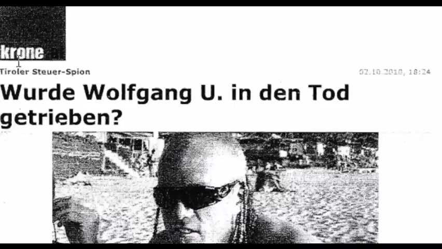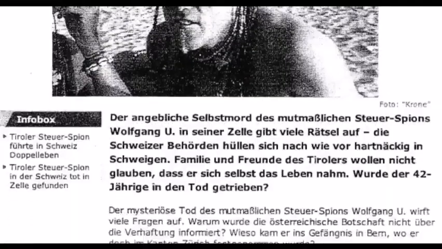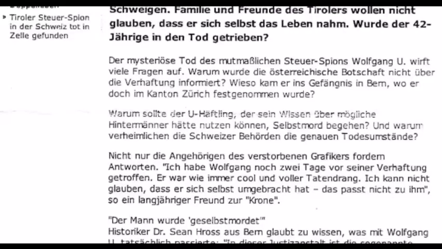So here's the Kronenzeitung, Wolfgang Umvogel was his name, October 2010. So here's the whistleblower. If I wasn't on the road, I could have shown you a better picture, in color and everything. Also my name was in it, as you can read here, Sean Ross, the historian.